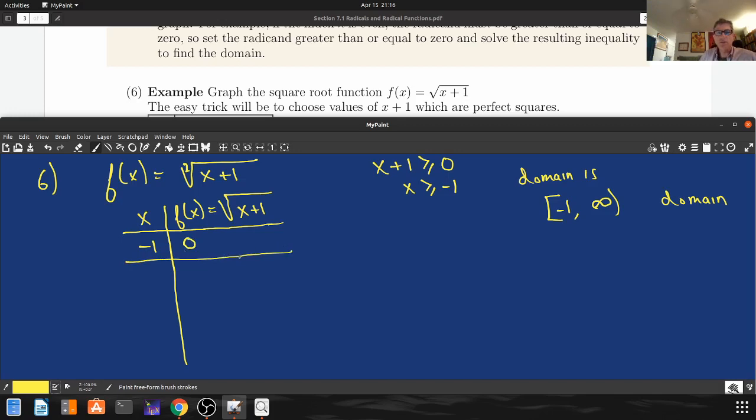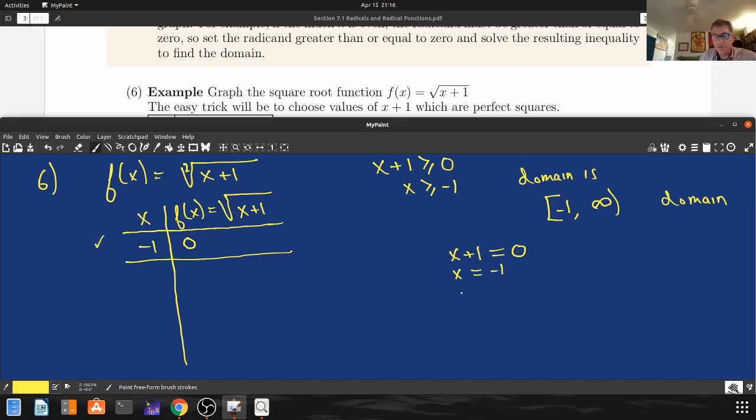So now the question is, I kind of want to be able to graph this without using a calculator. So I want whatever is under the radical, x plus 1, to be a perfect square. So the first perfect square is 0, so x is equal to minus 1. I've got that.